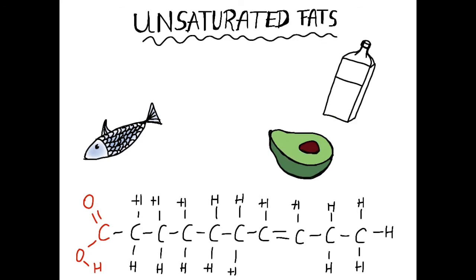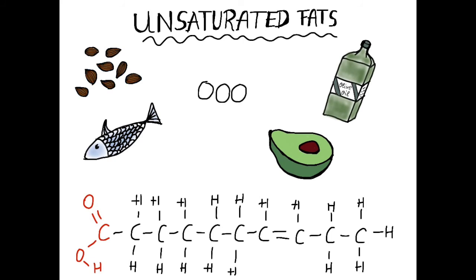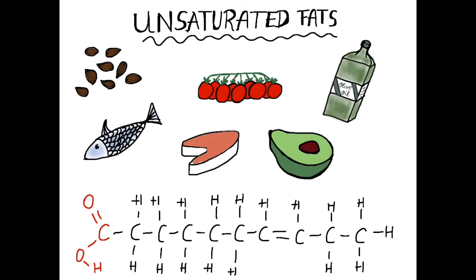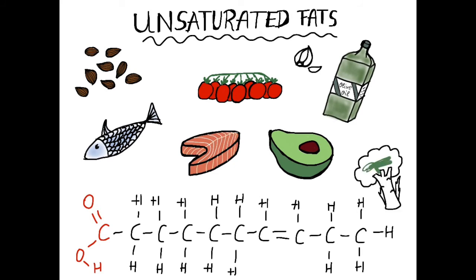Again, here I've drawn the organic chemical formula, and I've drawn several types of food like fish, avocado, salmon, seeds, nuts, tomatoes and olives. For example, if you want to lower your cholesterol levels, you should take in more unsaturated fats than saturated fats.